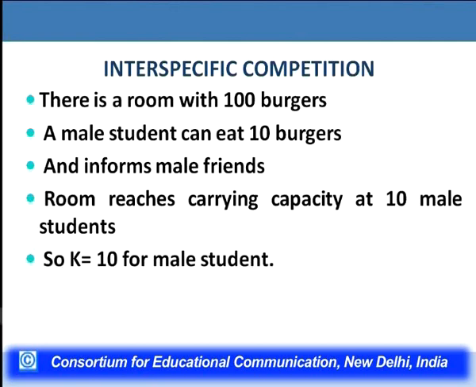So the number of individuals which can be supported by the burgers is 10 males, because one male eats 10 burgers. That means 100 burgers can be eaten by 10 male students. So the carrying capacity for this room is 10 for male students.